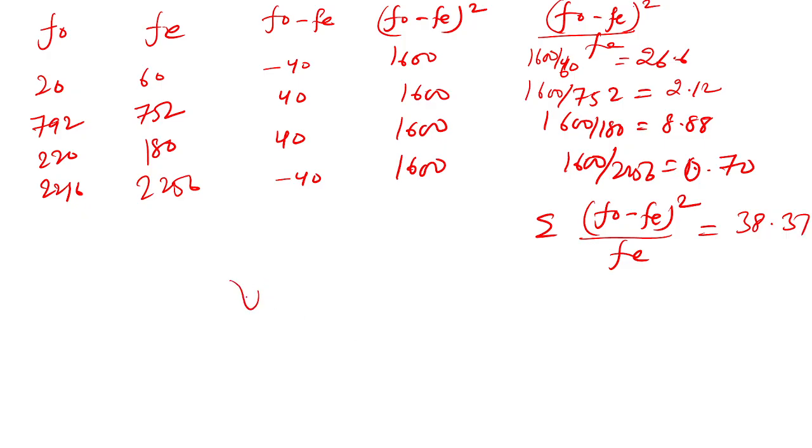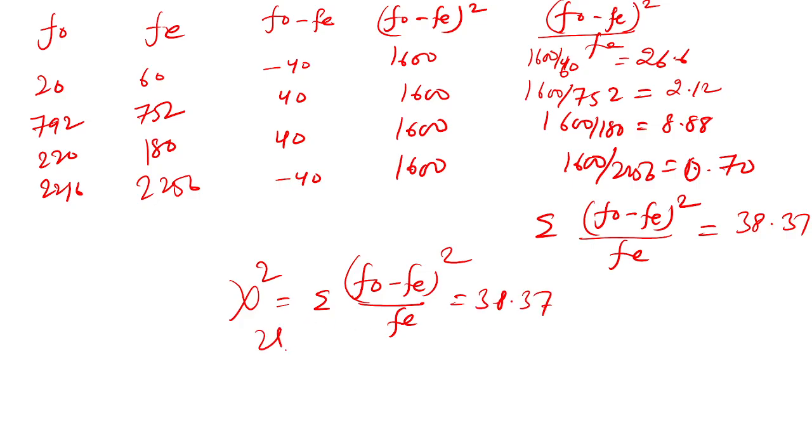So now the summation of FO minus FE whole square upon FE will become 38.37. So chi square is the summation of FO minus FE square upon FE. It came to 38.37. Now the degree of freedom is R minus 1, C minus 1. How much will it become? 2 minus 1, 2 minus 1 becomes 1.